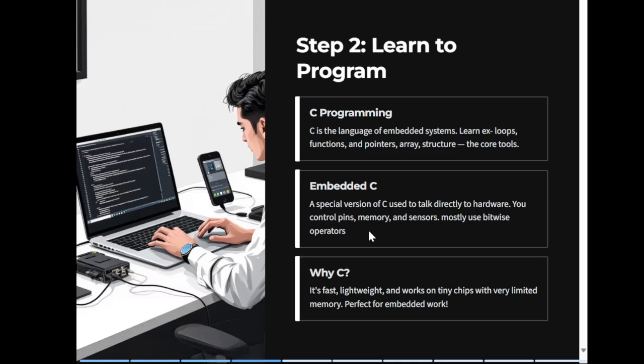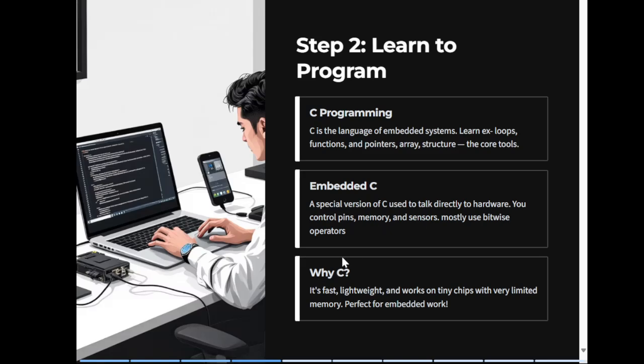Like if you want an 8-bit data type, then you need uint8_t. So in embedded C we go to the bit level.